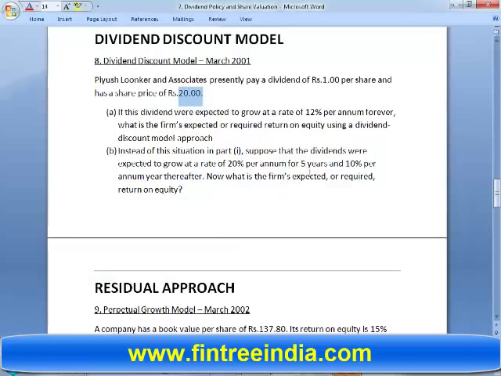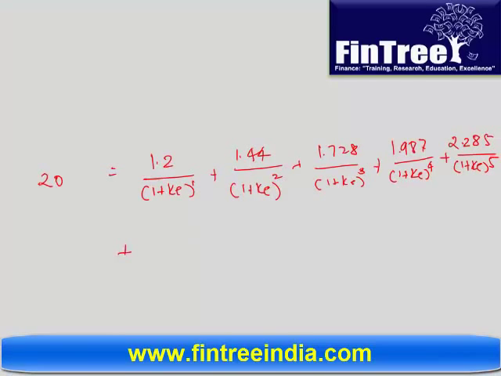2.285 plus 10%. This number is 2.07, and the next number would be 2.07 multiplied by 1.2, which is 2.488.